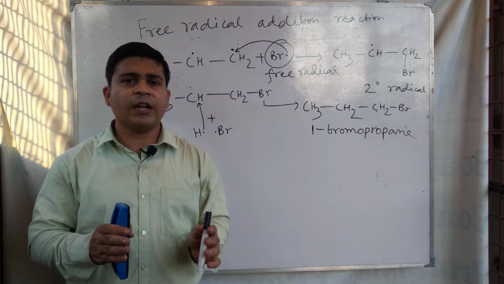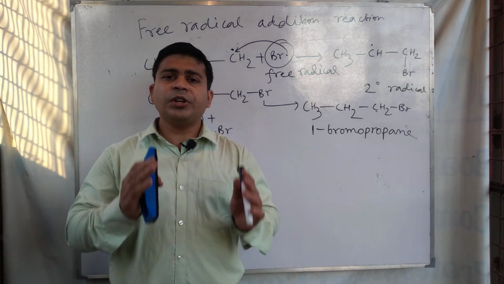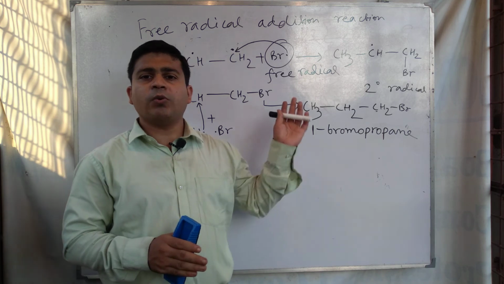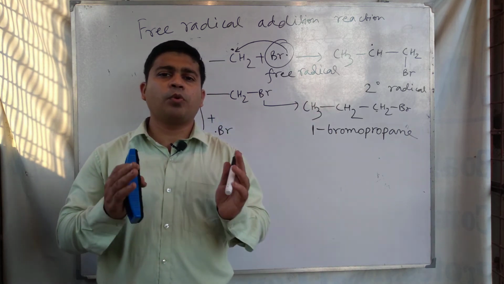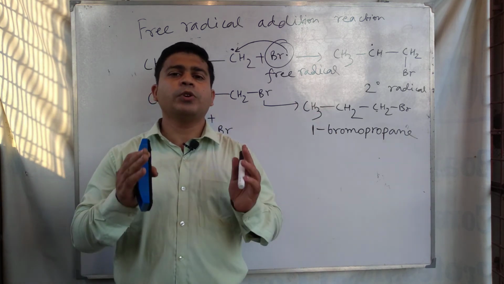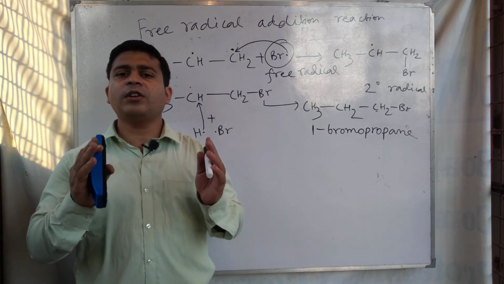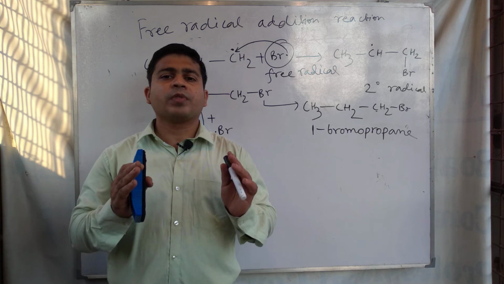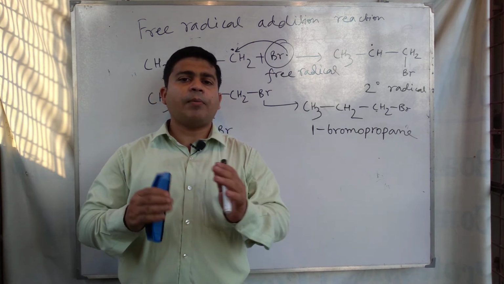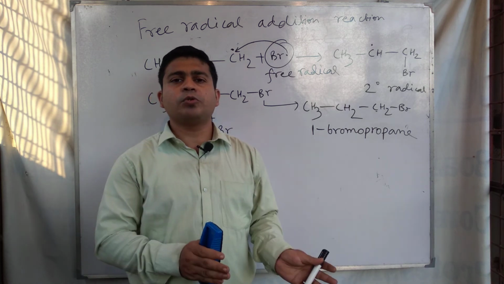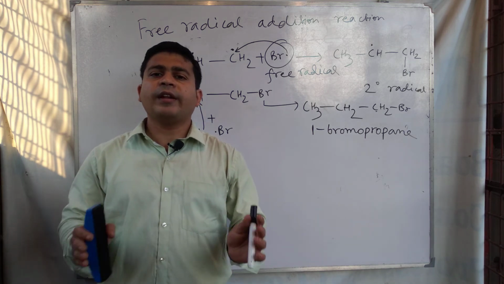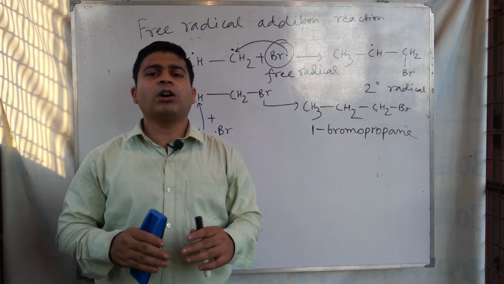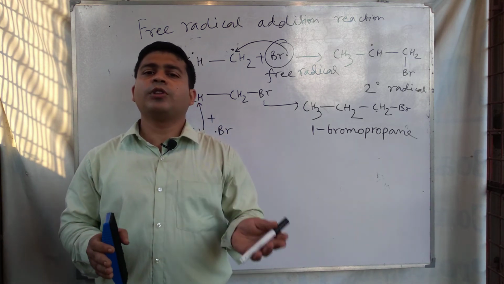In this free radical addition reaction, at first the free radical is formed, like we are giving an example of propene with the reaction of hydrobromic acid in presence of peroxide. At first a radical is developed, that is the bromine dot radical. After that, this radical adds to the alkene system, and next in the second step the H dot is added to that system.